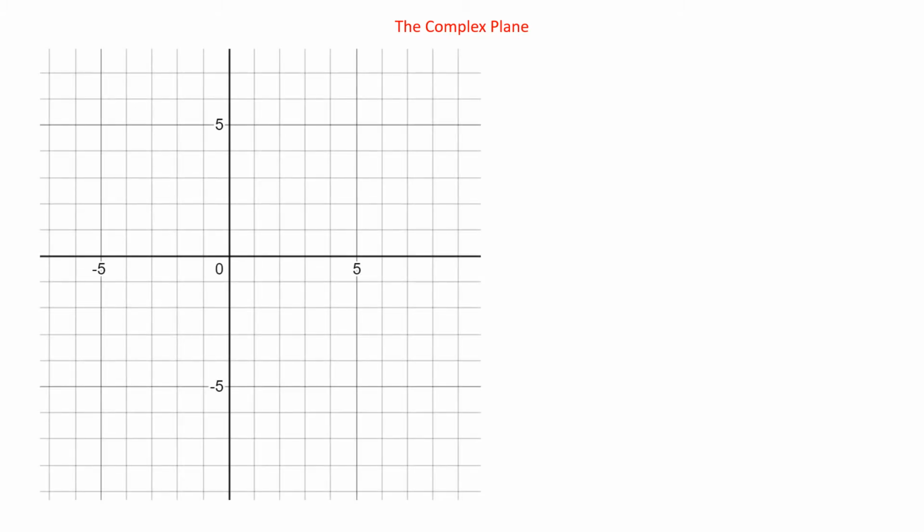The complex plane looks like the rectangular plane, except instead of x and y, these are the real and these are the imaginary. And so we could have things like, say, u is 2 comma 4.